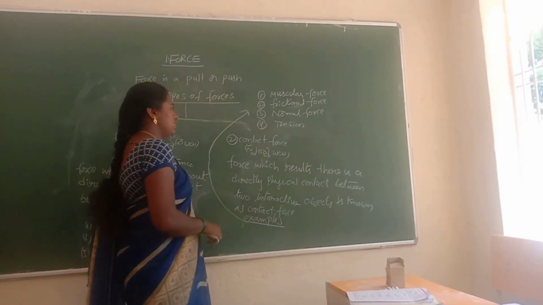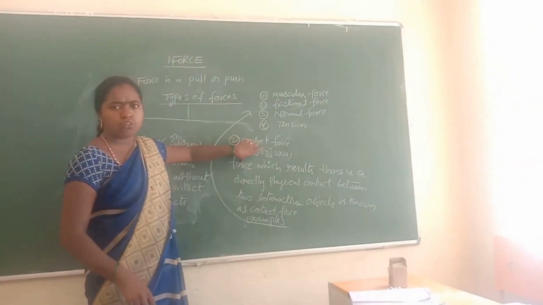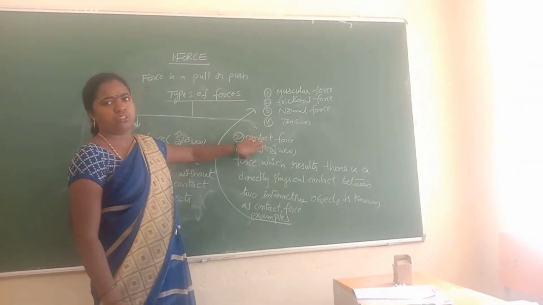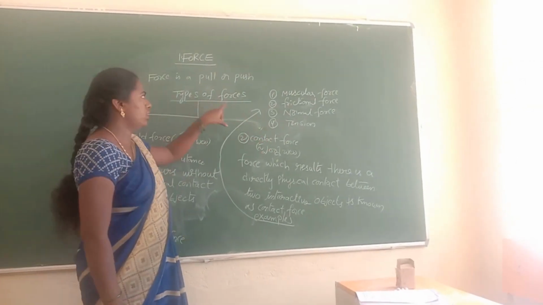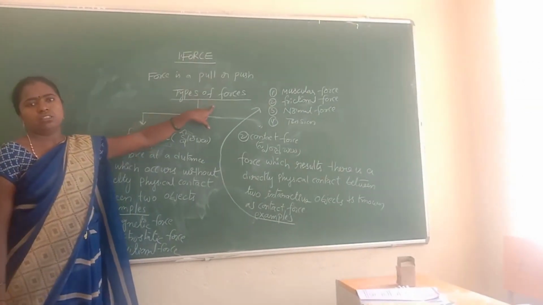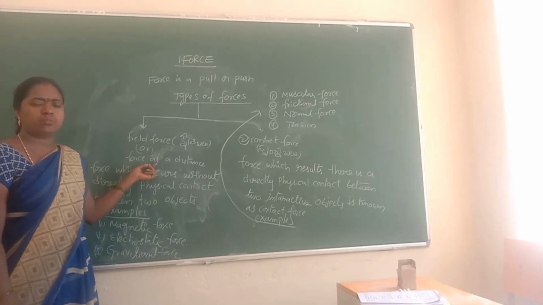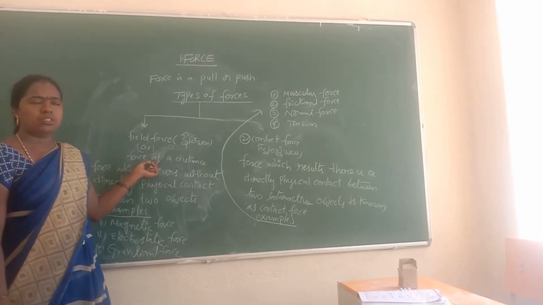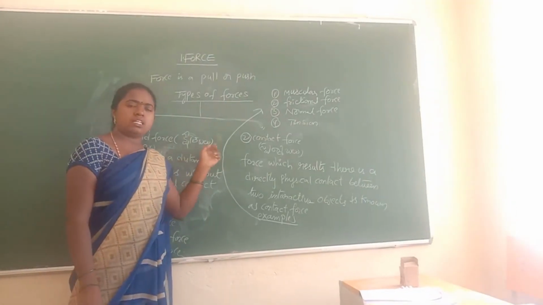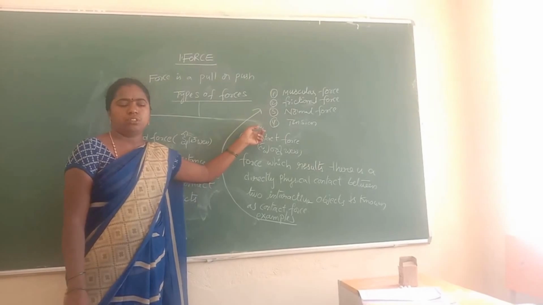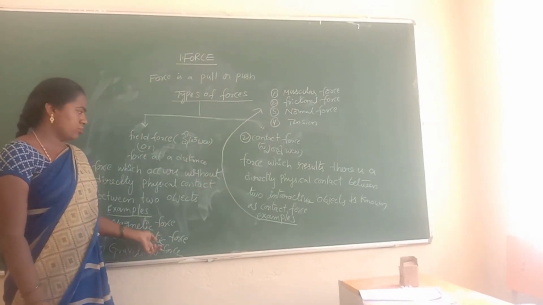These are examples of which force? Contact force. Okay children, how many types of forces? Two types: one is field force, or force at a distance, and the second is contact force.